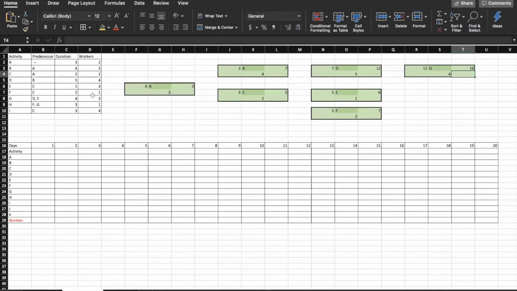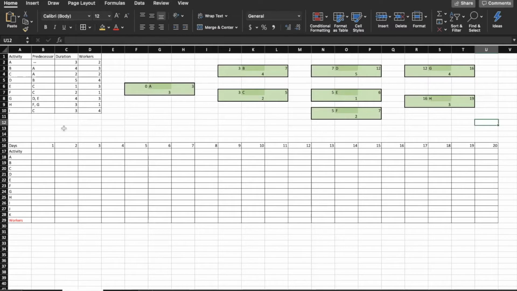Our next one is H, and it's right after F and G. So I'll just put it close to F and G. And that one needs to start after both F and G finish, which means the 16th. And it takes 3 days to complete, which means day 19 would be its finishing day.